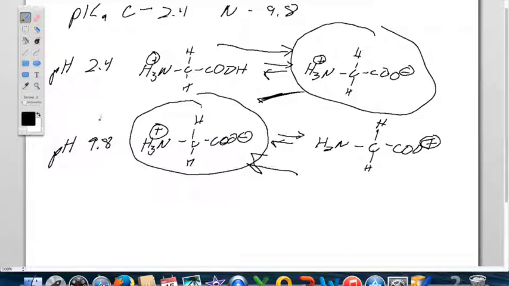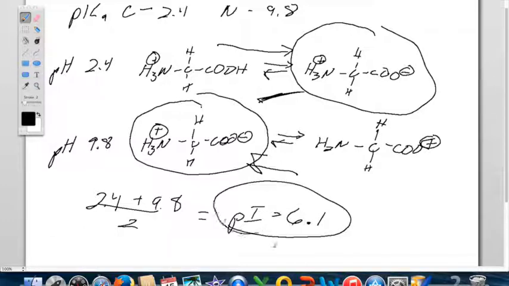So when the pH is halfway between these two pHs, that is the isoelectric point, or the point where all of the glycine molecules are uncharged. So we would take 2.4 plus 9.8 divided by 2, and we would get a pH, or a pI, of 6.1. So the isoelectric point for glycine is 6.1. At that pH, all of the molecules would exist in this uncharged form.